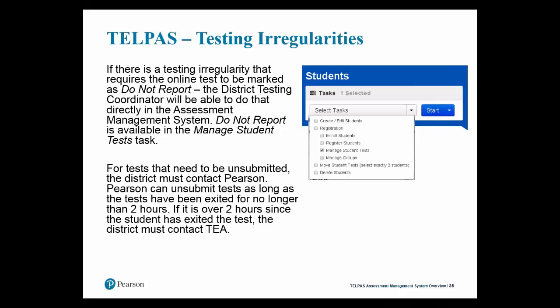Now, if it's been over 2 hours since that student has been exited from that test, you will have to contact TEA. But again, if it's within 2 hours, you want to contact Pearson. We'll be able to unsubmit that test. The student can log in and continue testing. Okay, and again, you'll do that under Manage Student Tests.